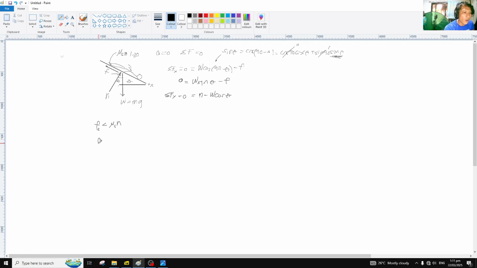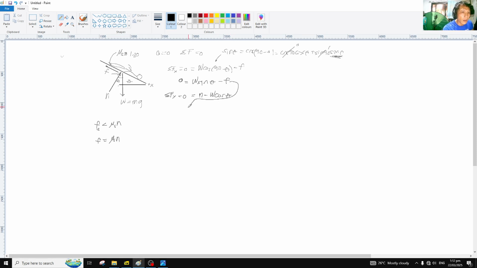So you can equate that one, meaning you're aiming for the maximum frictional force it can hold, so that it should be μs N. So you can replace this with N and solve for the theta because you already have your W. I think it can already be solved.